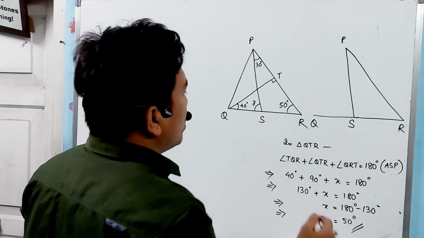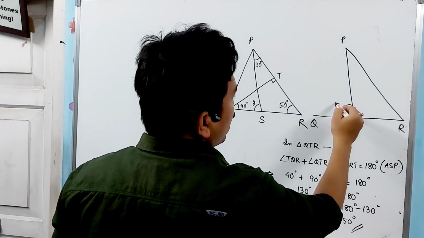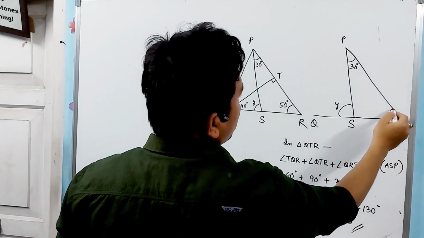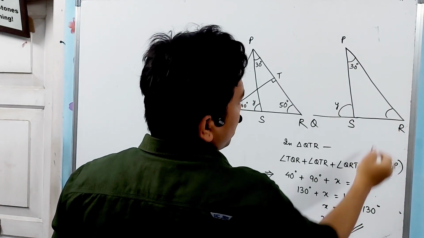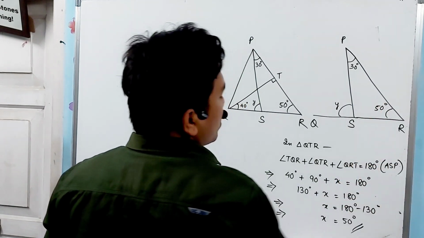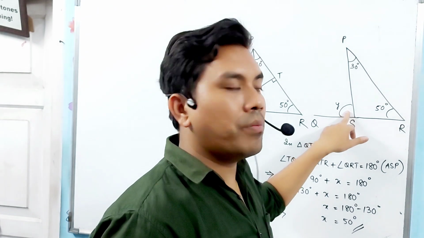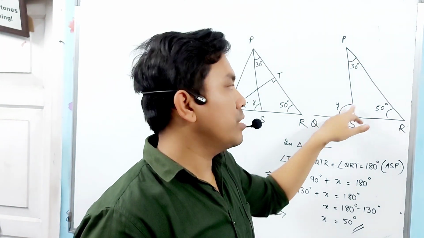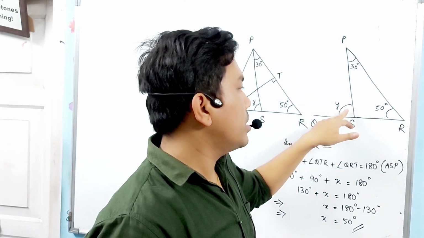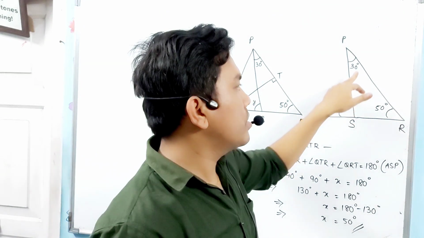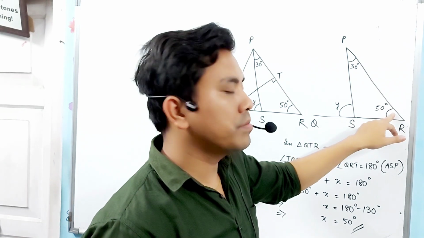Okay, now according to the figure, this is given as Y, and this is given as 30 degree, and this was given as X, but we got the value of X as 50 degree. Now, in order to find out Y, can we apply exterior angle property to this triangle? We know that this angle is equal to the sum of remote interior angles, isn't it?